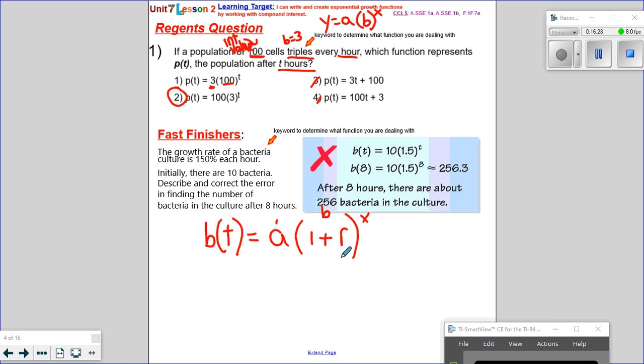Say I'm 6 feet tall. That's 1. I'm 1, right? But the rate that I'm growing could be half a foot every year, right?